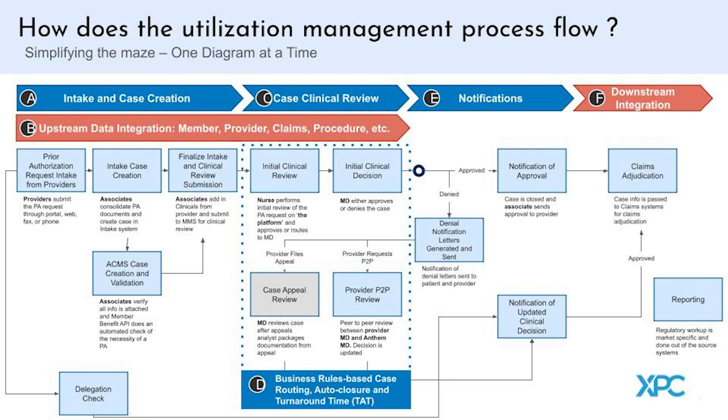Both principles are the same, usually based on historical data on provider behavior, and you essentially give them a pass for prior auth. His information will flow through the system, no one will make a decision on it, and it'll go straight to claims. More states are now mandating it.